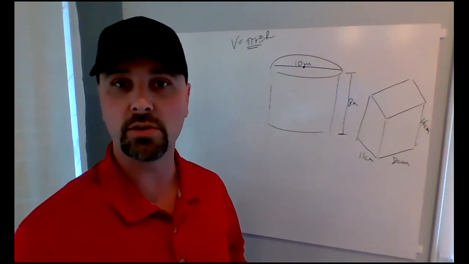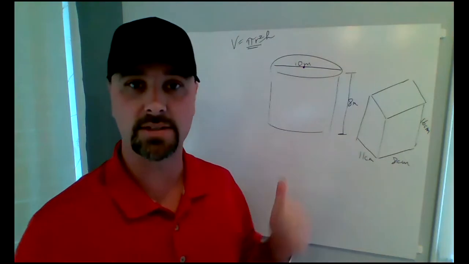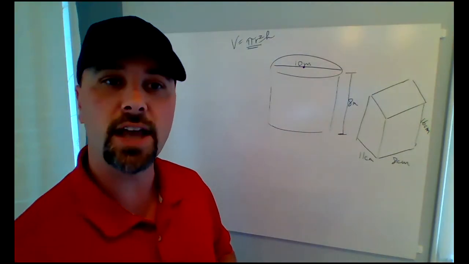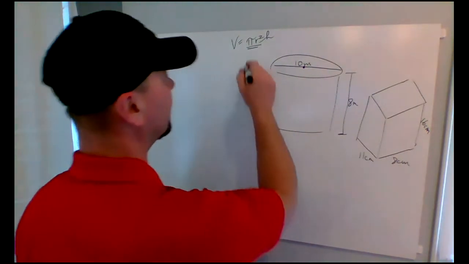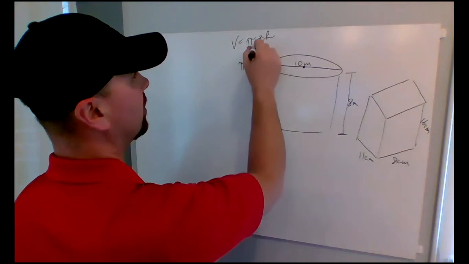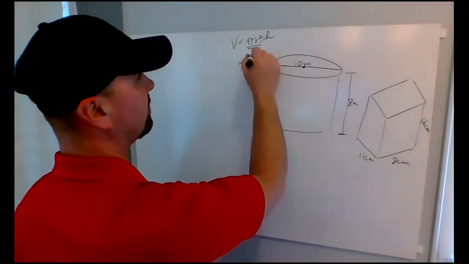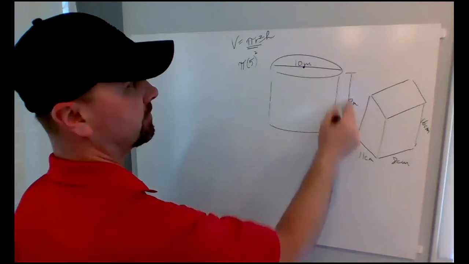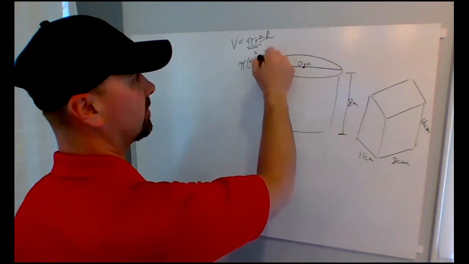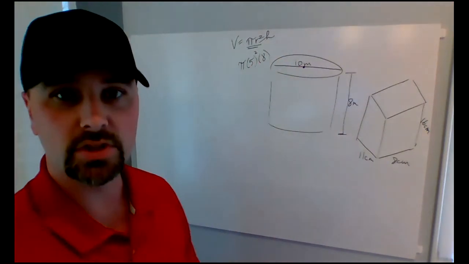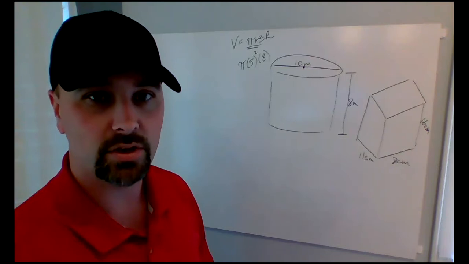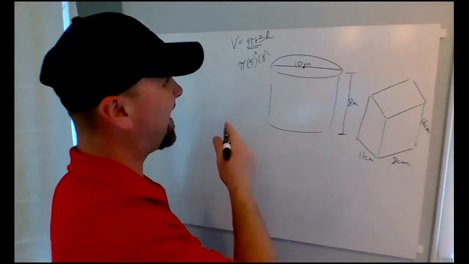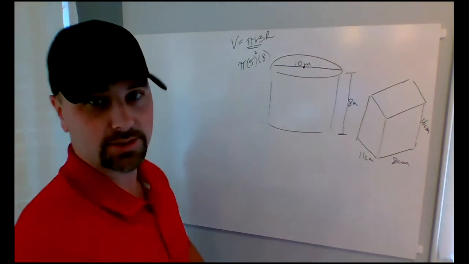So the first thing we need to do is realize that that's not the radius, that's the diameter. Cut it in half to get the radius. Pi is pi. The radius is 5, radius squared, times the height. Now is where we're bringing this dimension in, which is giving us the volume measurement. Okay, so pi times 5 squared times 8.